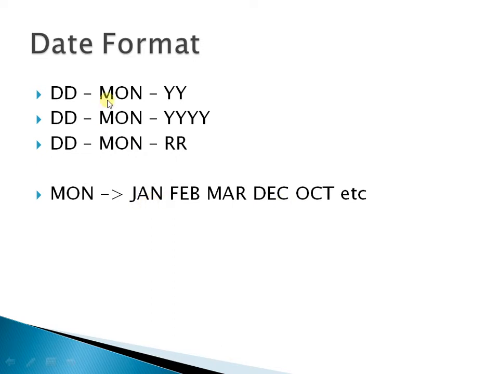A number is not allowed for the month in Oracle. It is allowed, but with the help of certain functions. So by default, the format is DD-MON-YY, DD-MON-YYYY, or DD-MON-RR. Now what is this RR? Actually, it is a revised format that we will see by the end of the tutorial, or maybe in the second part of this tutorial. Let us take an example.